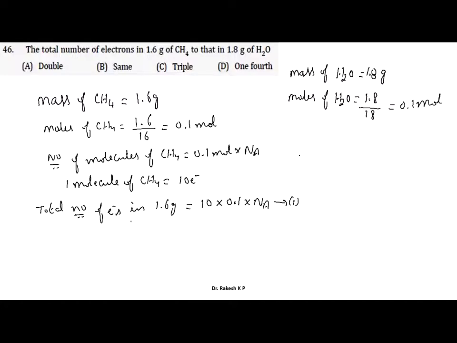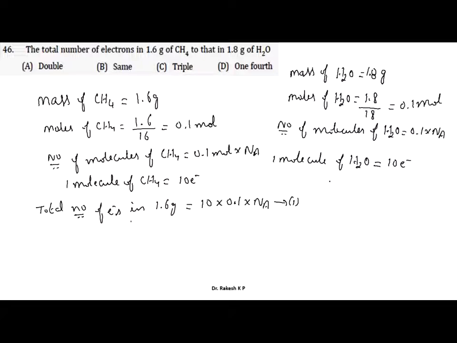See the next one here, the number of molecules of water is equal to 0.1 mole into Avogadro number. Similarly here also, one molecule of water also contains 10 electrons, because oxygen has 8 and hydrogen has 1 into 2, so the total is 10 electrons.